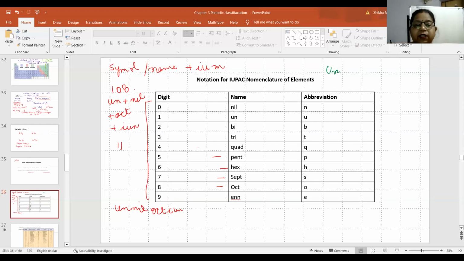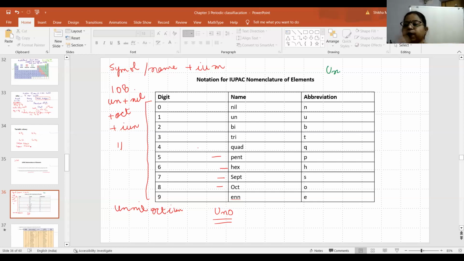I was telling you that if I have to write the symbol of this element, what I have to do is pick the abbreviations. For 1, I will be using U. What will be the symbol of this element? Yeah, right. Un, nil, octium. So UNO will be the symbol. Like we just said, platinum is the name of an element.